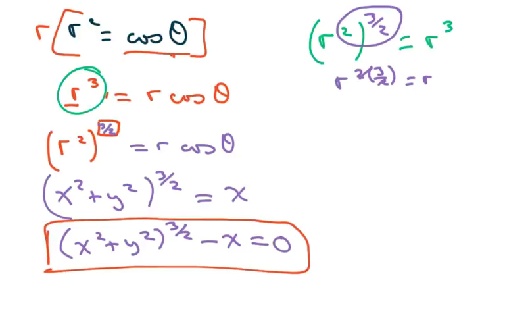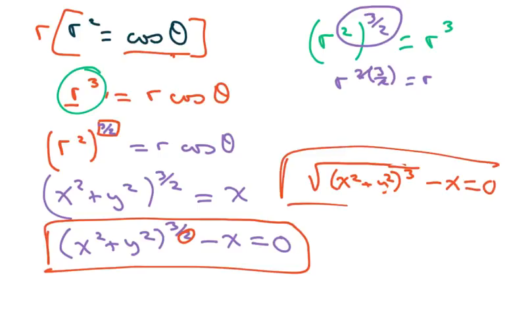Some of you might be tempted to do this: you could do the square root of x squared plus y squared, because this is your r, and then put the cube here, and then subtract the x equals 0. Either one is fine. I personally like it this way.